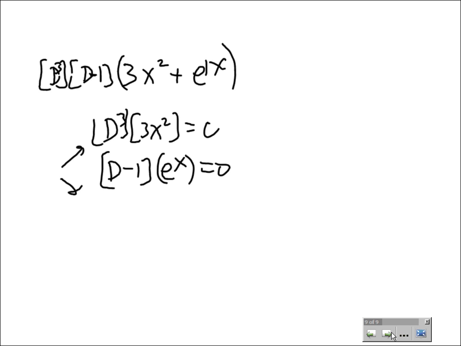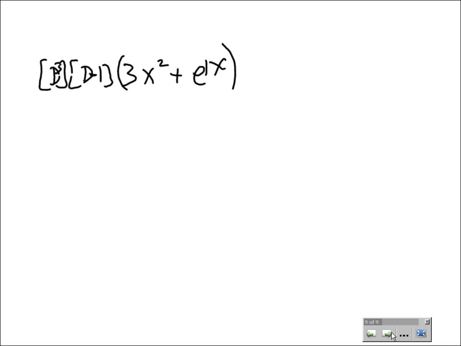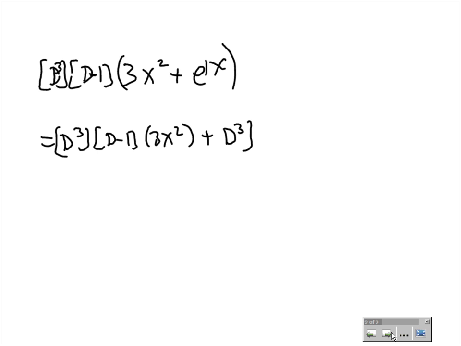Now, nobody's saying that you have to commute them. That is, nobody says you have to do the following. Well, this is d cubed times d minus 1 on 3x squared plus d cubed times d minus 1 on e to the x.